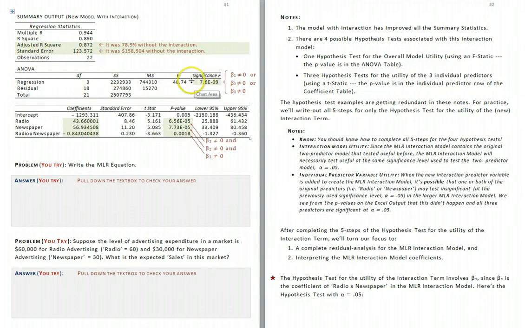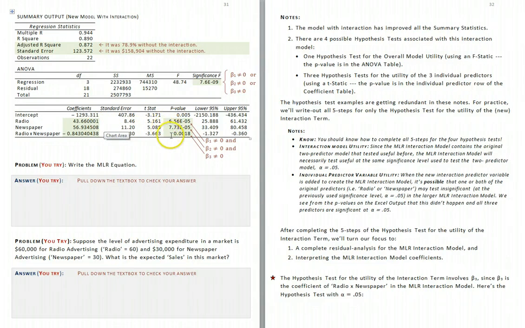The p-value associated with the hypothesis test for overall model utility has an extremely small value, indicating that at least one of the model coefficients is different from zero. Here are the estimated model coefficients: B0, B1, B2, and B3.